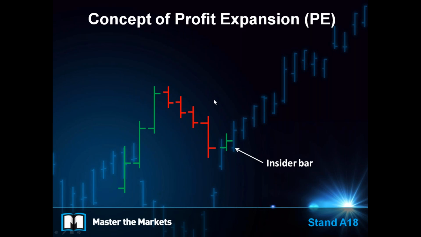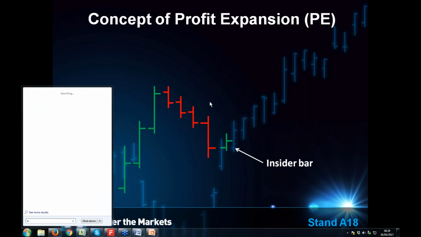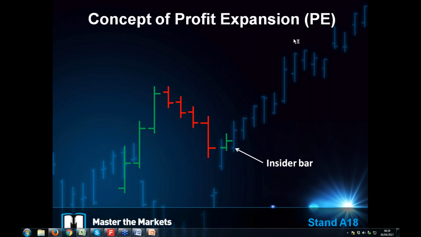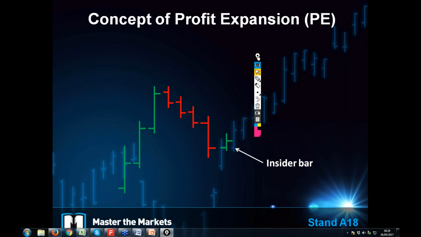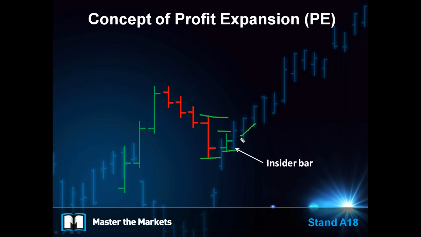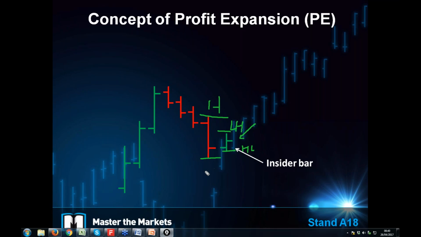So that is to say that we are looking at the range of this particular bar just here in relation to the range of this particular bar just here. You can see that you have a lower high and a higher low in relation to this bar's high and low just there. And if you have that setup, that is classed as an inside bar.